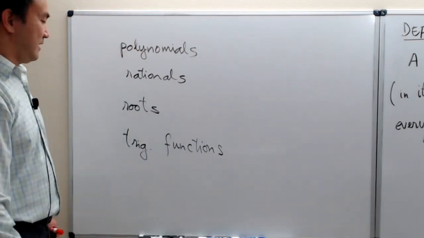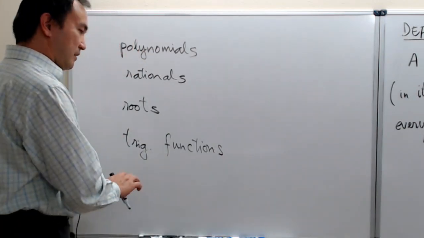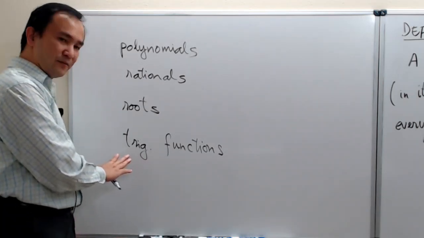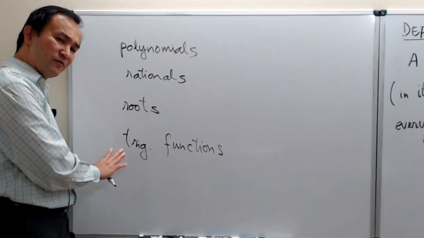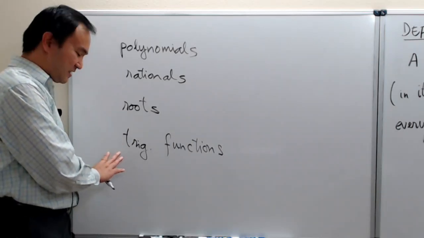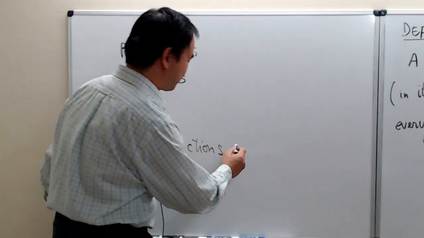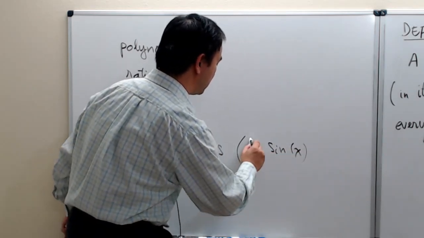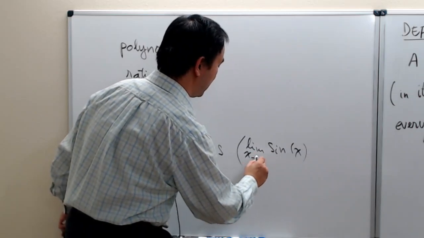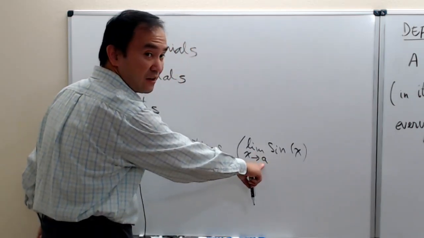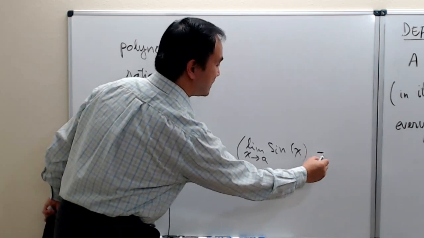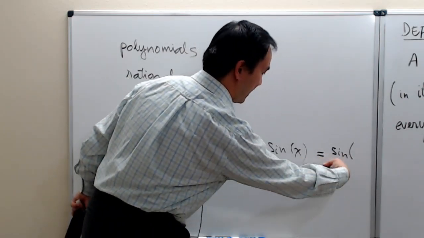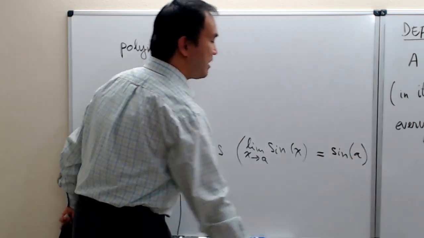And on trig functions, allow me to make a brief reminder of some of our earlier discussion. I do believe in some of my earlier lectures, I mentioned that for example, sine of x, if we're taking limits as x comes to any limit point a, then the limit happens to equal the function output at a.